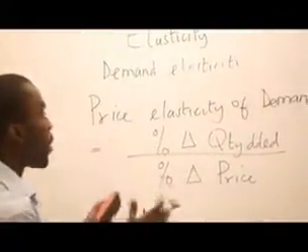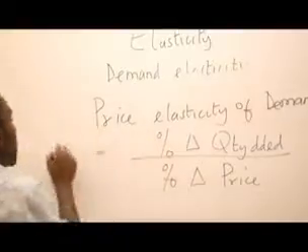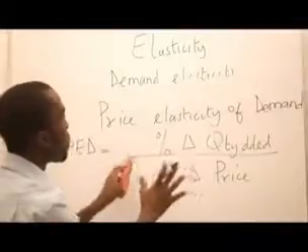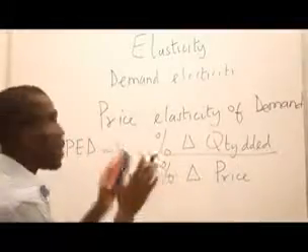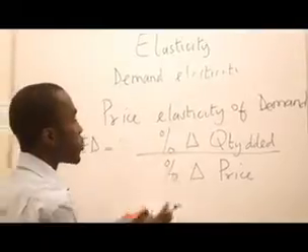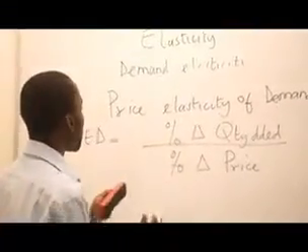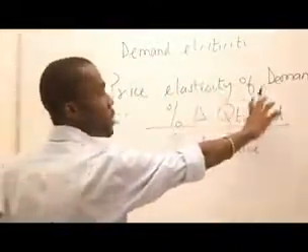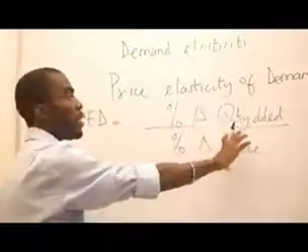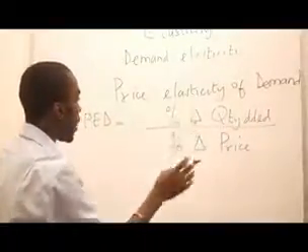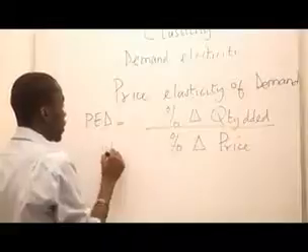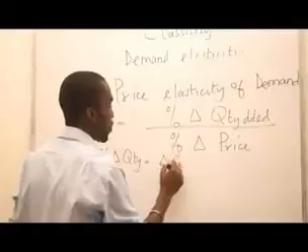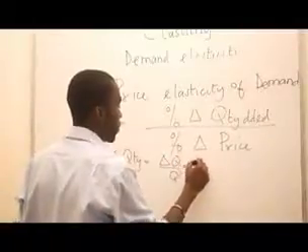Okay, so now you have this as our price elasticity of demand. We can further break this down to get a very simple way to calculate our price elasticity of demand. So we can just find the percentage change in the quantity demanded and then find the percentage change in the price. So for percentage change in quantity demanded, we'll have change in Q over Q times 100.